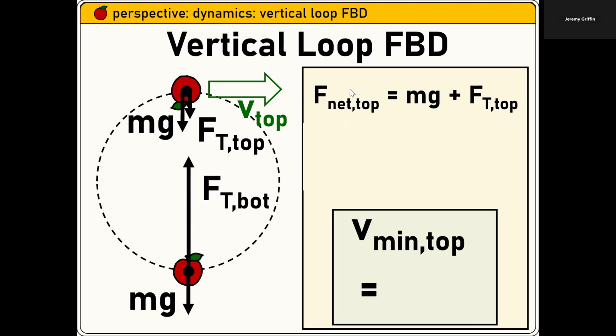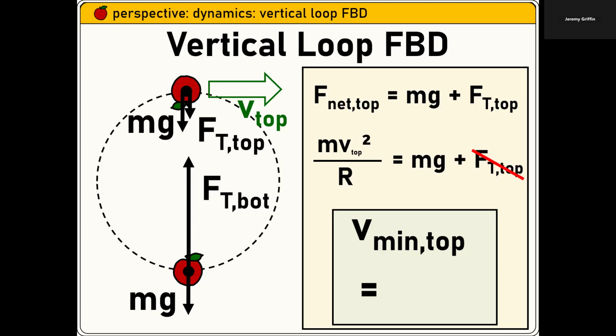What do you substitute for net force at the top? It's something over something: mv squared over r. So m v top squared over r equals mg plus the tension at the top, and the tension at the top we'll strike. What variable cancels?